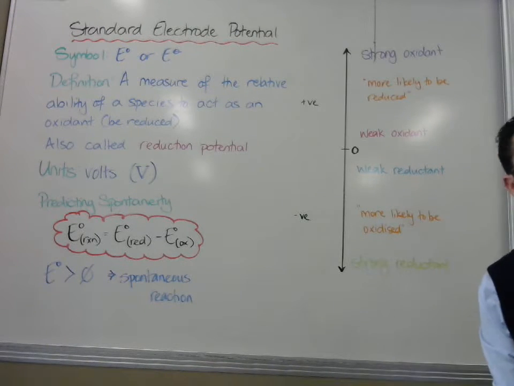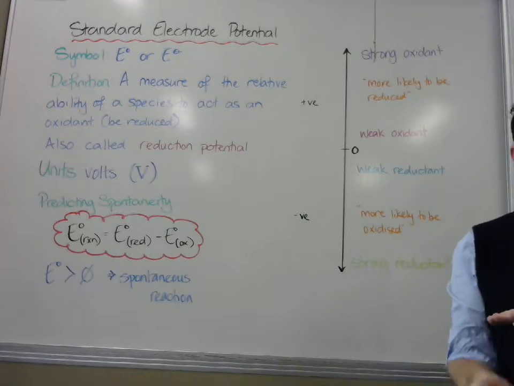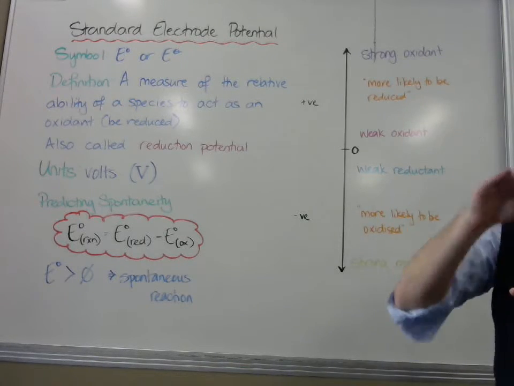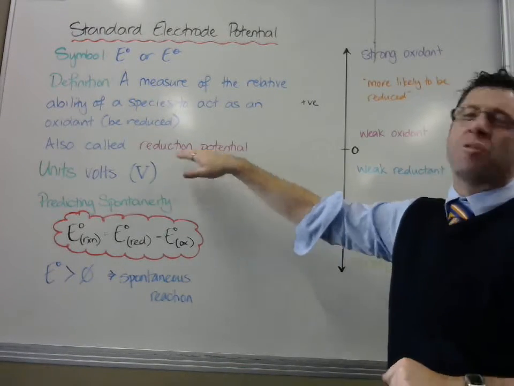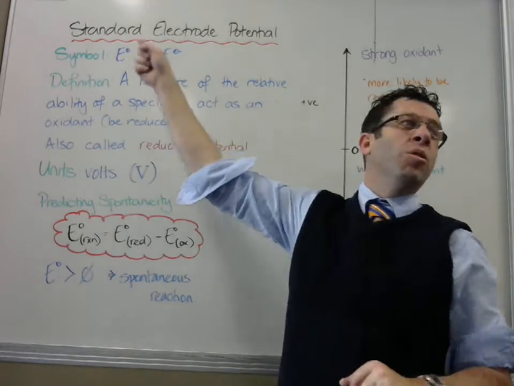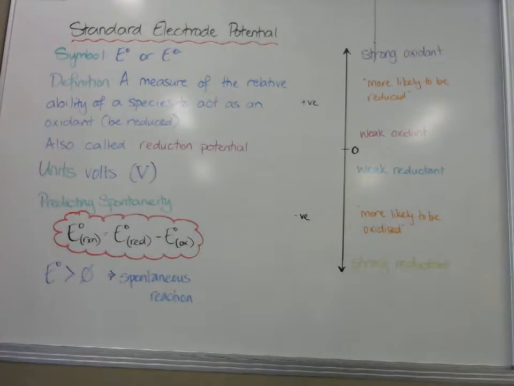If it's a negative number, it's got a higher potential to undergo oxidation. I like this word better. The problem for you is in your assessments, they'll use that word. But it's nice to have those two words meaning the same thing in our minds. When I see electrode potential, think reduction potential. The bigger the number is, the more likely it is to be reduced.